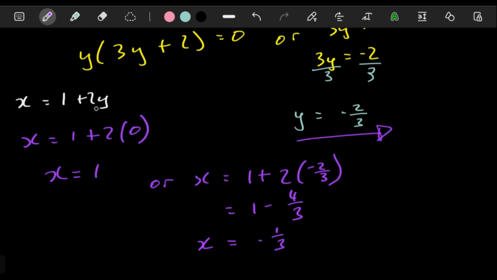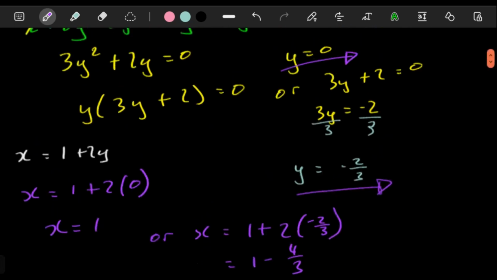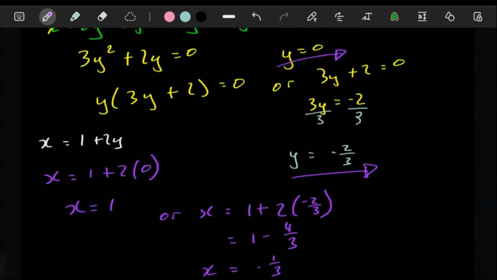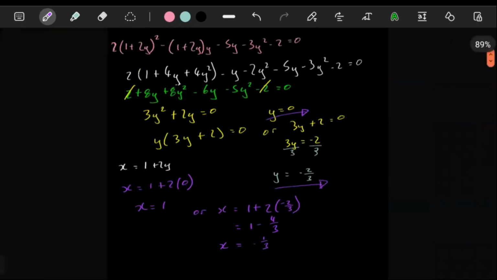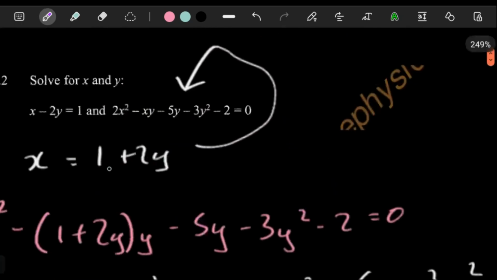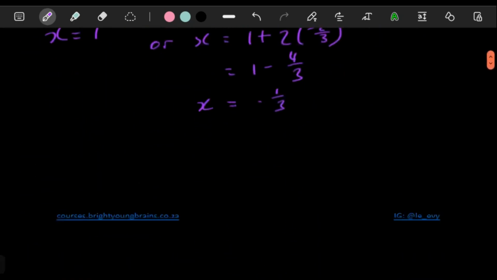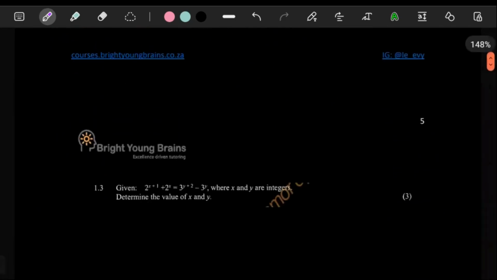Wait, no, negative 2 over 3 here, right? Let's see if it gives us, whichever way, the two equations balance out if you throw in your sets of y values and your sets of x values. So these answers are okay. Because if you throw negative a third over here, right, and you throw negative 2 over 3 over there, the equation balances out. In this equation, you can also just put stuff in your calculator if you want to be like super 100% sure. But whichever way, let us move on to 1.3 here.